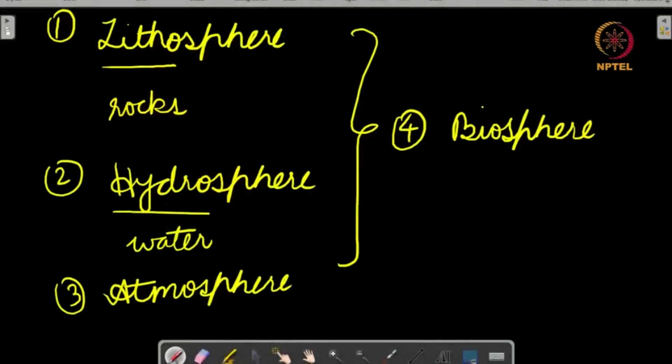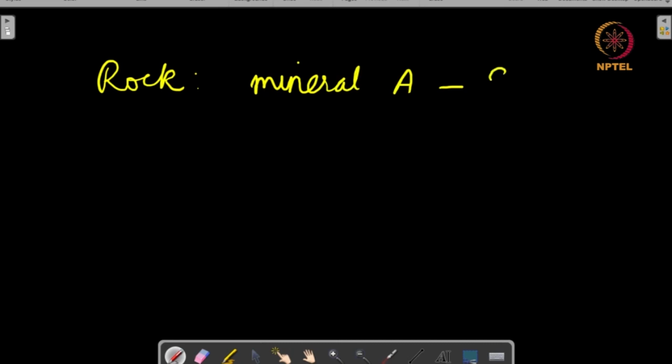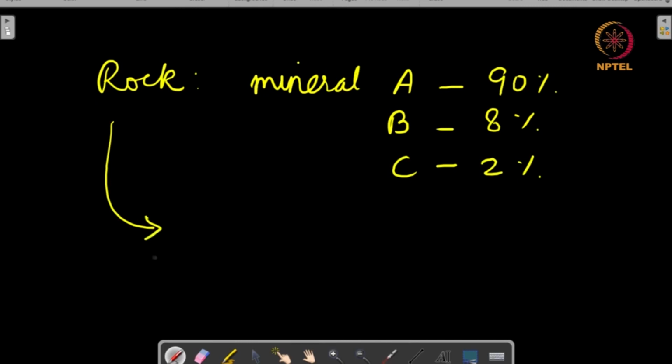So for instance, you can have a rock that is made up of, say, 3 minerals. So let us consider a rock, and this rock has mineral A, which is, say, 90%, mineral B, which is, say, 8%, and mineral C, which is, say, 2%. Now we can have another rock with composition of A, which is 91%, B, which is 7%, and C, which is 2%.